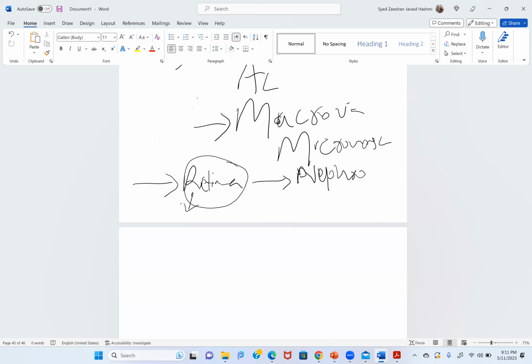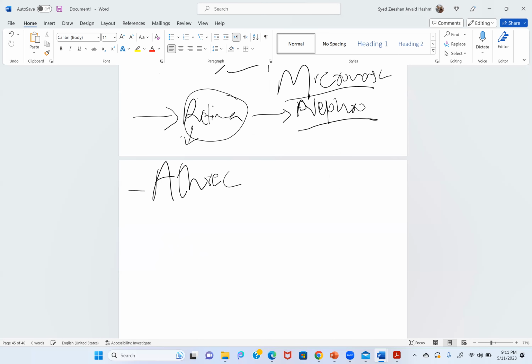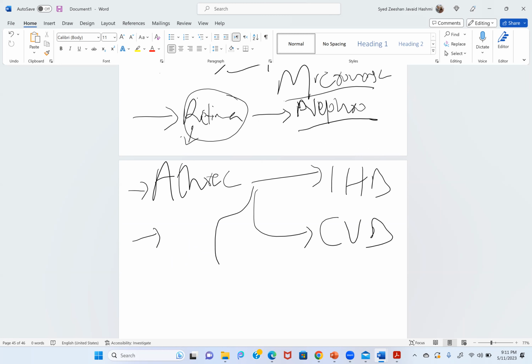But in the table viva, you don't have time. You will just use these words: microvascular, macrovascular, retinopathy, nephropathy, and macrovascular complications in the form of atherosclerosis. Atherosclerosis will be in the form of ischemic heart disease, cerebrovascular disease, or peripheral vascular disease.